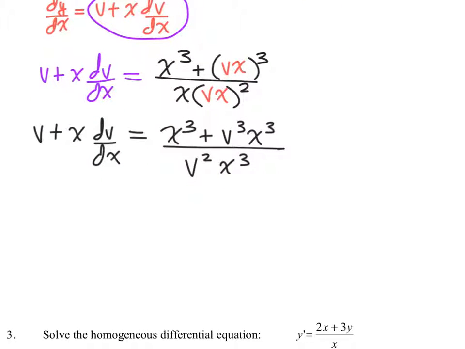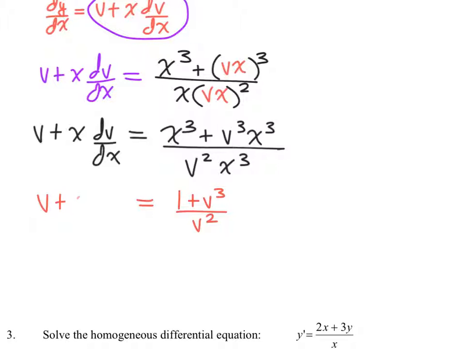What's happening on the right-hand side of this differential equation and what happened on the right-hand side of the last one, I mean, it was like an hour ago, so you probably don't remember, is that you have that common x that canceled out. If that doesn't happen, then either it's not a homogeneous differential equation, which would be a problem because I said solve the homogeneous differential equation, or you did something wrong. All right? In this case, we're looking at 1 plus v squared, v cubed over v squared.